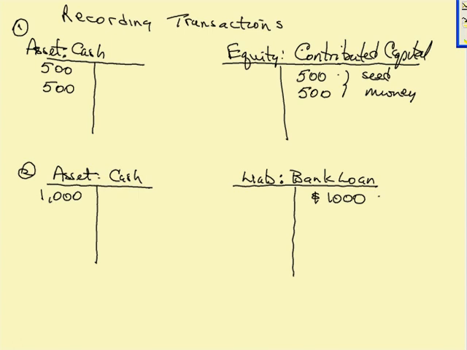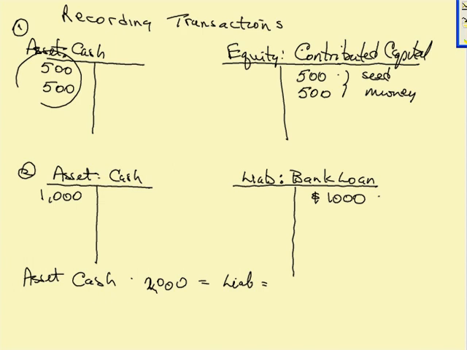Okay, so if we wanted to take a snapshot of our books at this point, we would see that in cash we have $1,000 here and $1,000 here, so we have $2,000 in our asset cash.